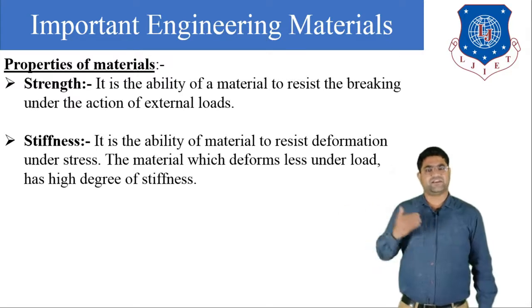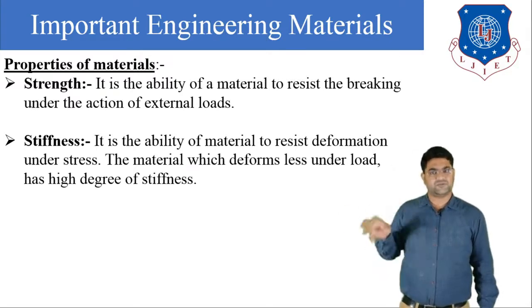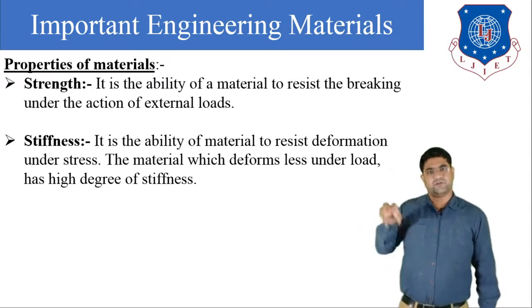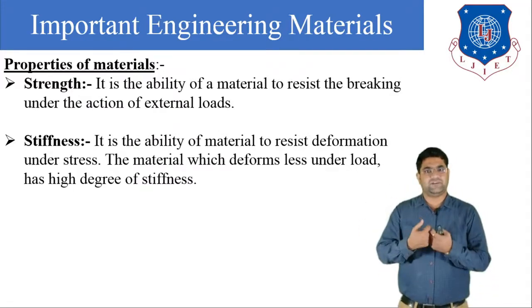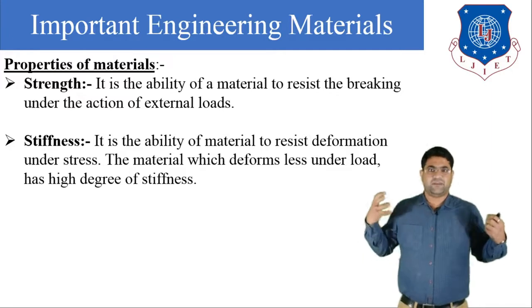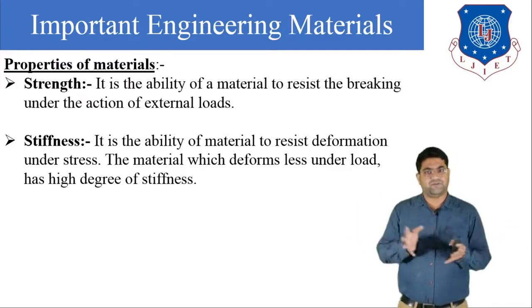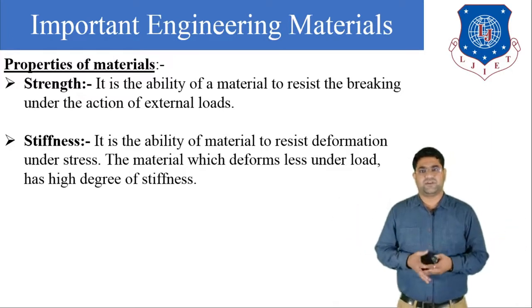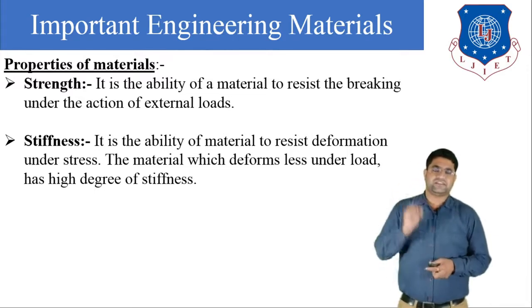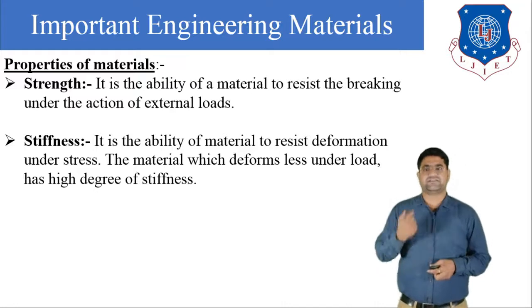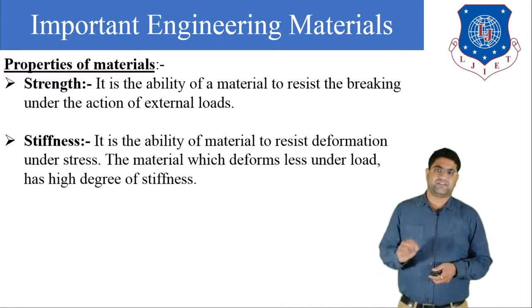We know the stress strain diagram and we know about Hooke's law. All materials have some elastic limit. Up to the elastic limit it will deform, and after the removal of the load it will come back to its original position. So the ability of the material to resist deformation under stress is known as stiffness.